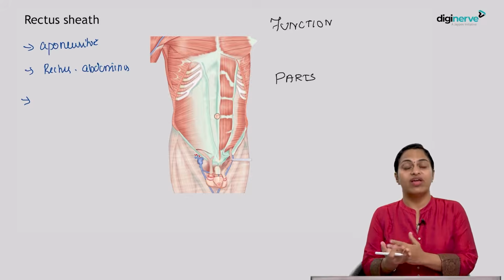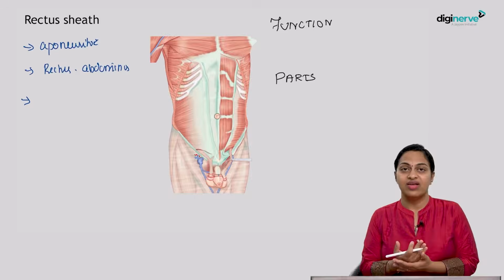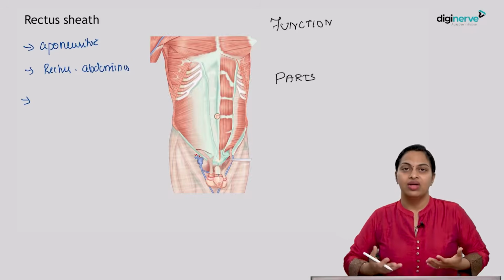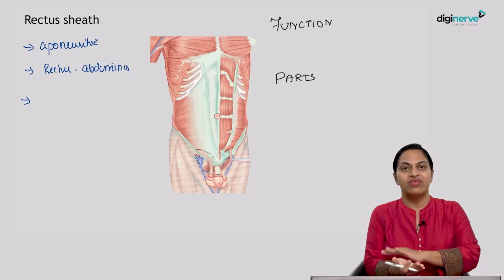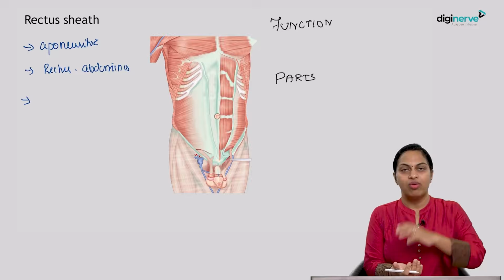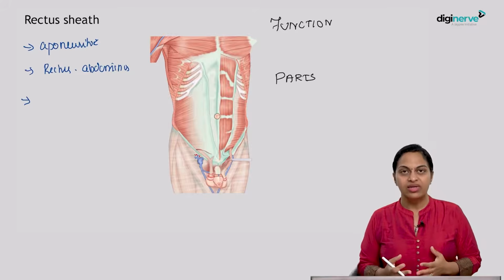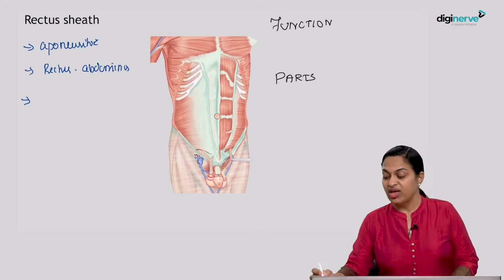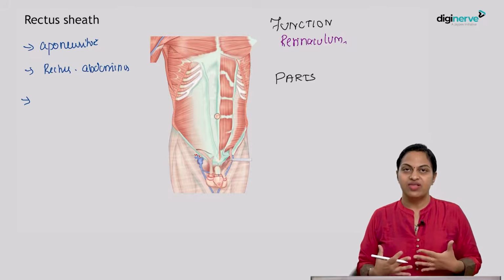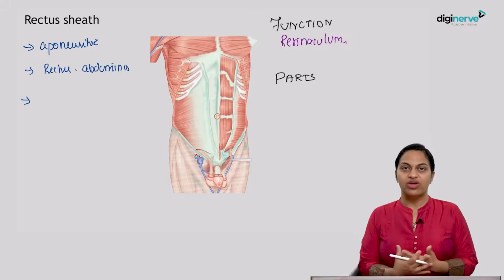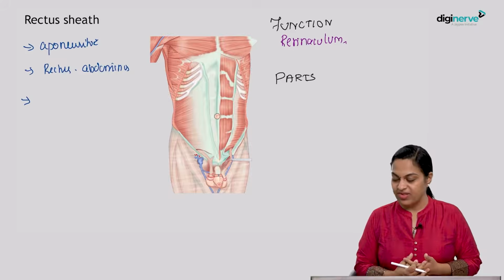We have seen about flexor retinaculum and extensor retinaculum in the upper limb and lower limb, right? So what was their purpose? They were holding the tendons in position and preventing them from bowstringing, popping out, right? So similarly, this rectus sheath serves as a retinaculum, right? And it prevents bowstringing of the rectus abdominis muscle.